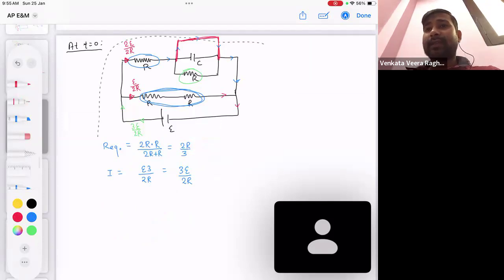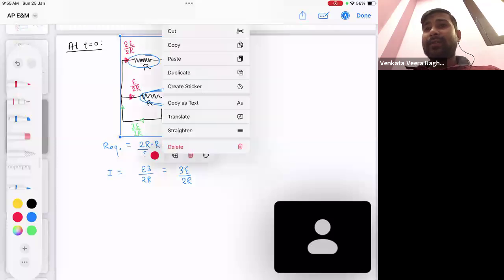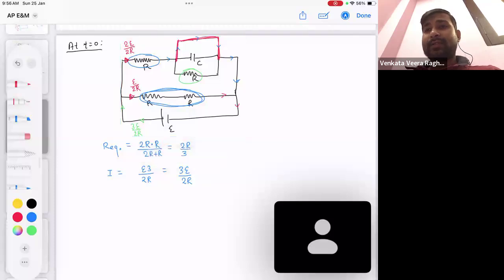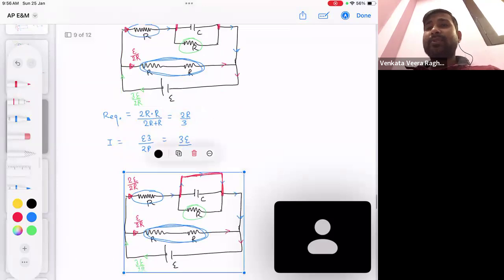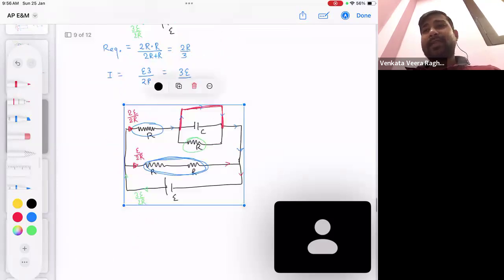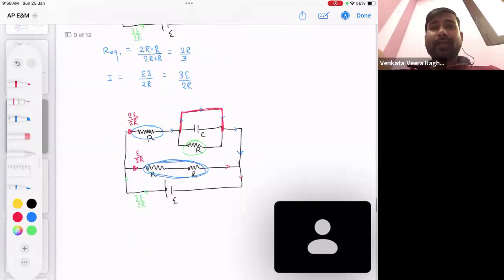Now, the next thing they are asking in the question, what is the current at t equal to infinity? So at t equal to infinity, what do I have to do then? I have to again redraw the circuit, isn't it? Please tell me.